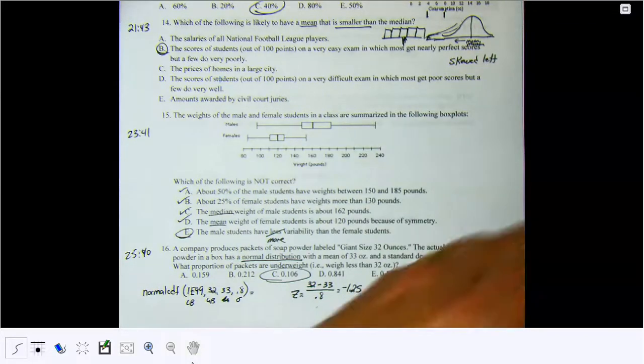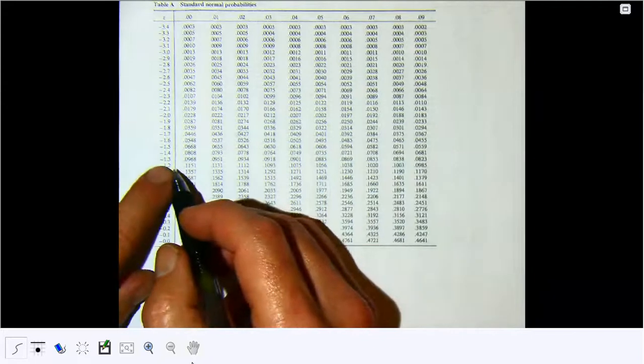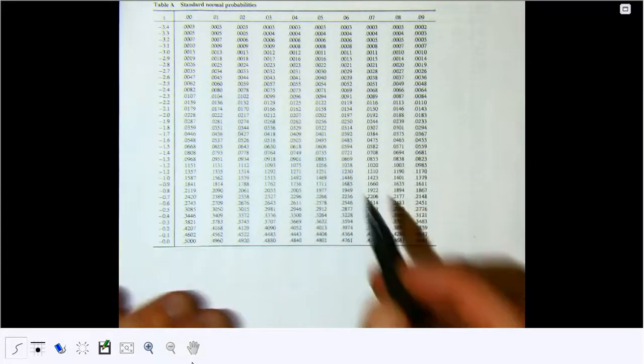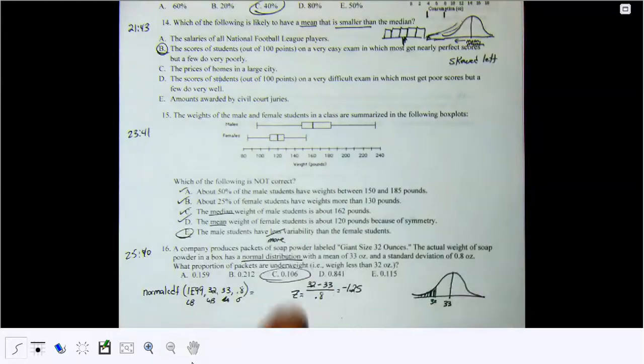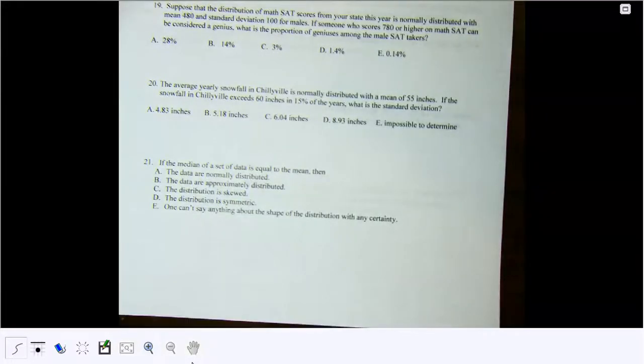So just to practice this, we're going to pull in our z-table. Here is negative 1.2, and we're going to go over to 5, and there's the 1056, which rounds to 106. Okay, so again, that's how we got to it the by-hand way. All right, so keeping it moving.